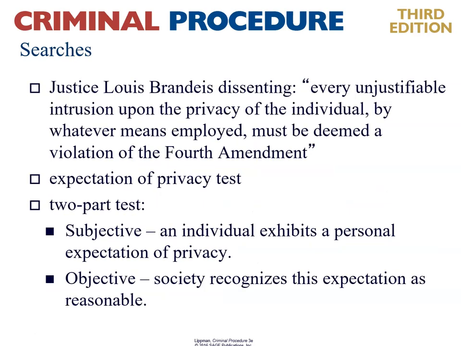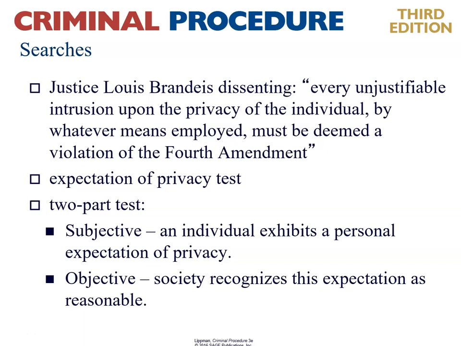Now, Justice Louis Brandeis, dissenting in Olmstead, basically said every unjustifiable intrusion upon the privacy of an individual by whatever means employed must be deemed a violation of the Fourth Amendment. And they formulated the expectation of privacy test.